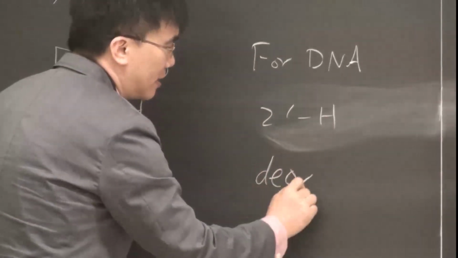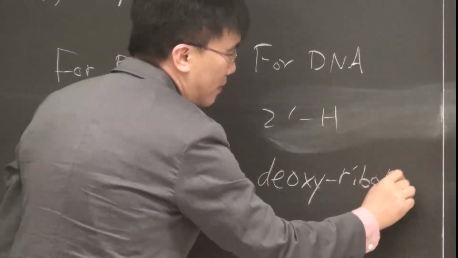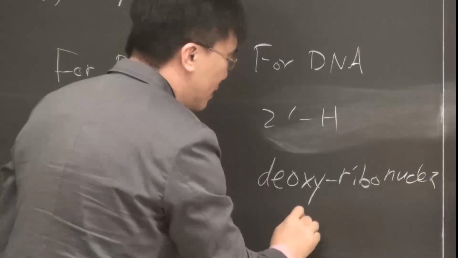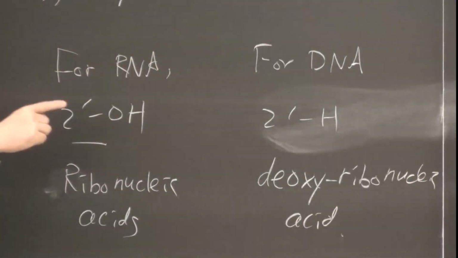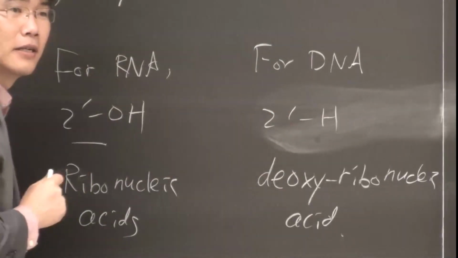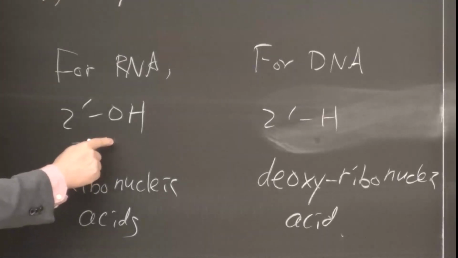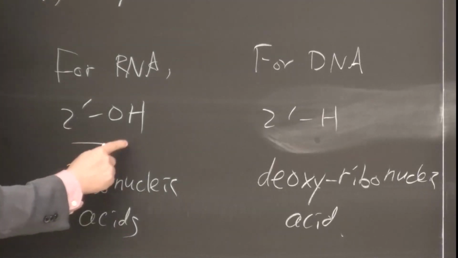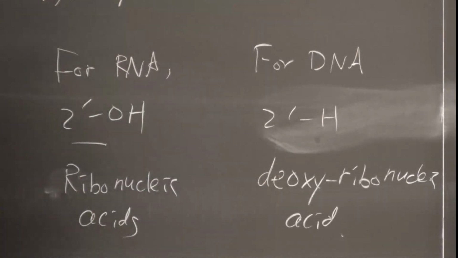DNA is deoxyribonucleic acid, right? The name really comes from the fact that, compared to RNA, DNA has one less oxygen. So if you start with the RNA sugar ring and then remove oxygen, deoxy, you get the DNA sugar ring.